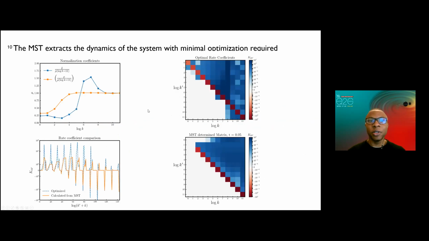By comparing these two cases, we've run some cases where the coefficients are optimized directly from the data and where they're obtained by the MST entirely. We can see that we can extract these coefficients with much less optimization by using the MST. In both of these cases, both the fit cases from the MST space as well as the a priori defined MST cases, we're in a much smaller search space than a traditional convolutional neural network, which has thousands or millions of parameters to propagate dynamics.